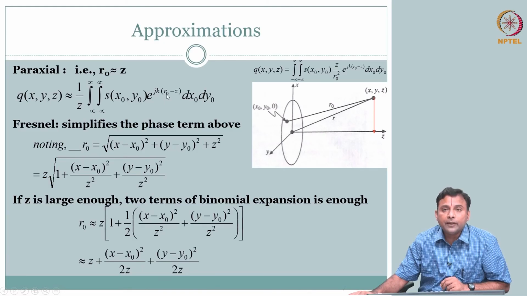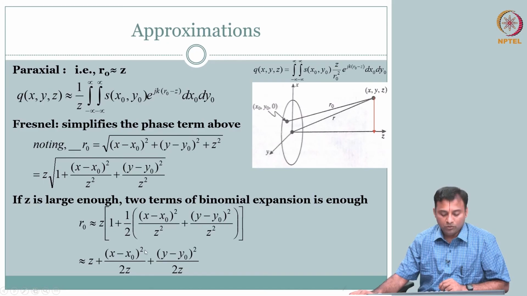I have to substitute it here. When I substitute, you see there is a z here and a minus z here. Those two will cancel. And then you will be left with only (x minus x naught) squared by 2z and (y minus y naught) squared by 2z.